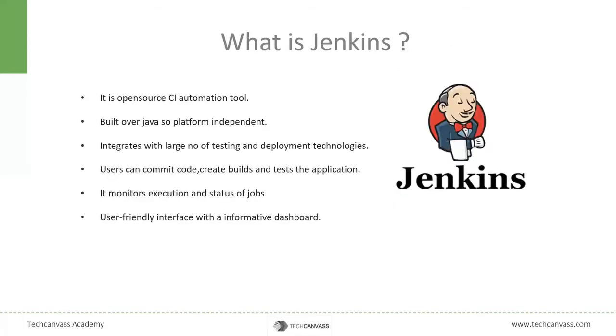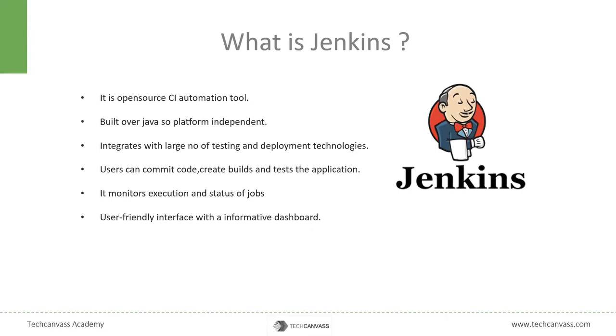Now, as we are clear with the concept of CI, let's talk on Jenkins. Jenkins is an open source tool which can be used to automate all tasks related to build, testing, and delivery. It is a Java-based application, so it is platform independent.